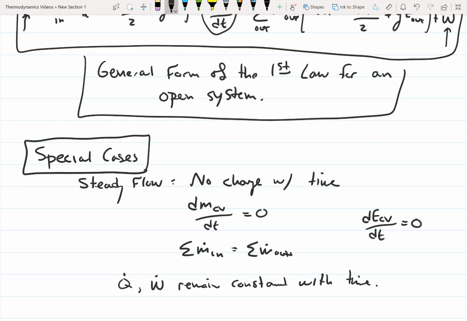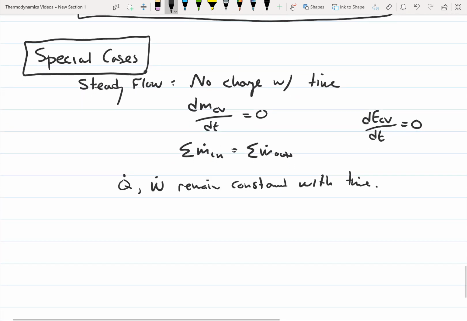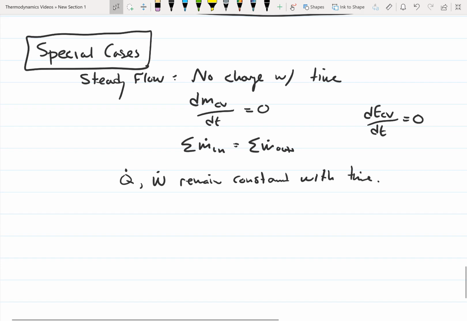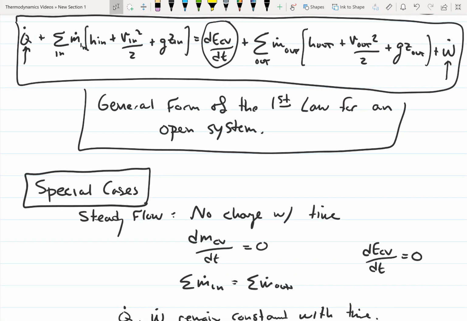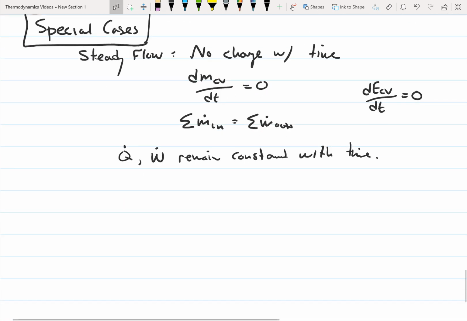So if we apply all of these things for the steady flow, our equation for the first law becomes Q dot minus W dot, because I'm bringing the work back over, since it's usually written as Q minus W rather than how I have it here where I'm adding it at the right side of the equation.